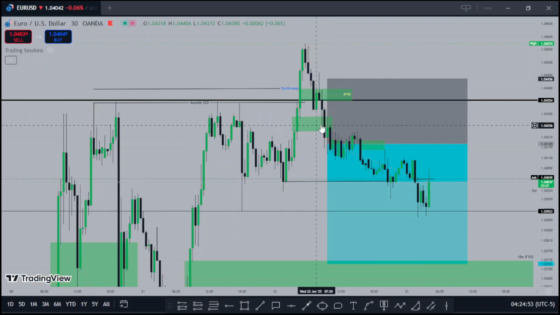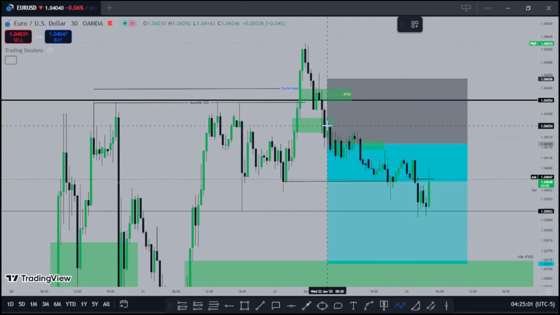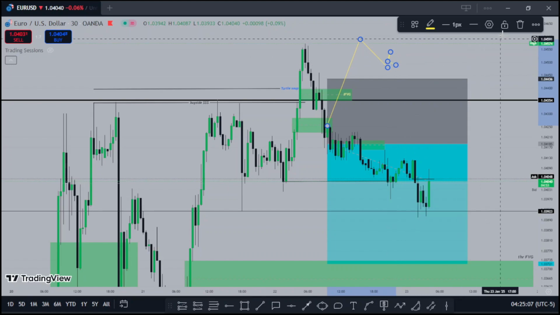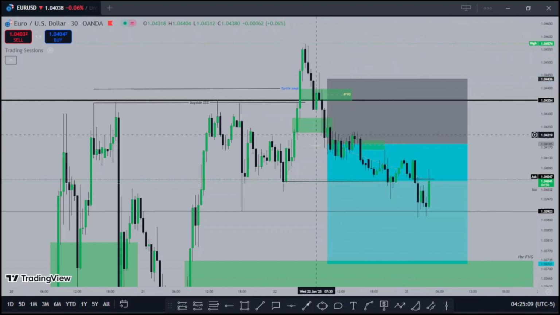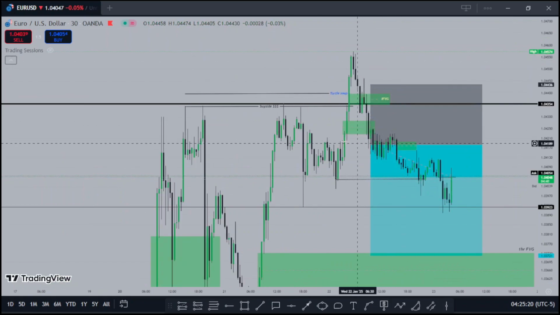Remove this, and then this is where I was expecting price to bounce back and then give us some buying opportunities. But the fair value gap was ran clearly, as you can see, with this huge black candle over here. Now my bias started changing into shorting Euro USD when this happened.